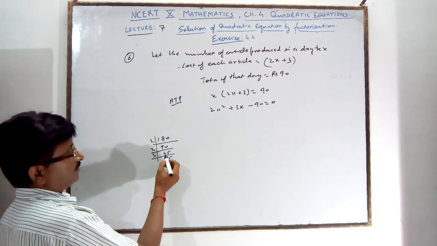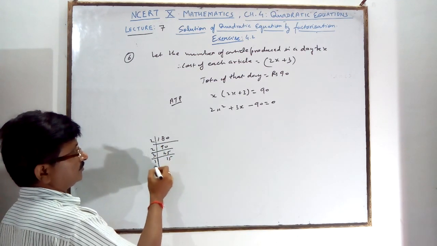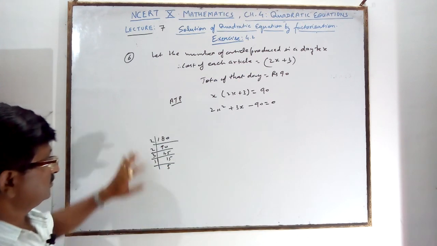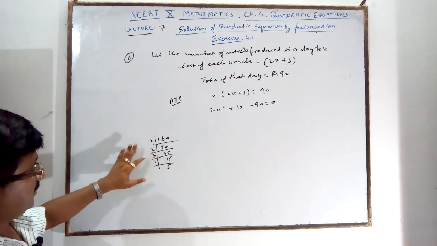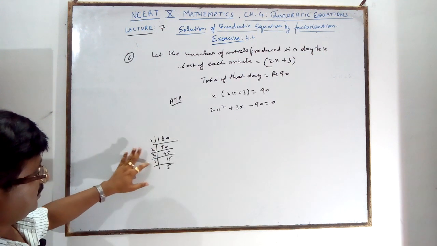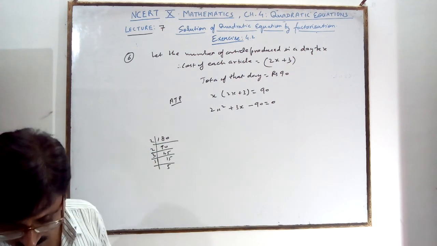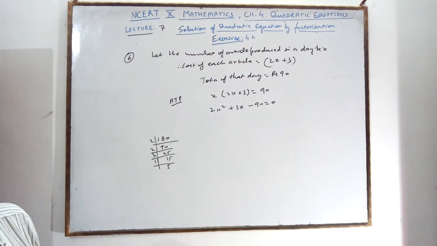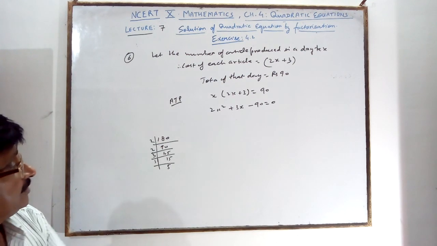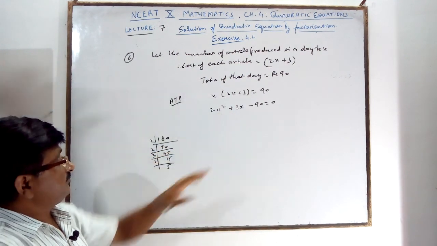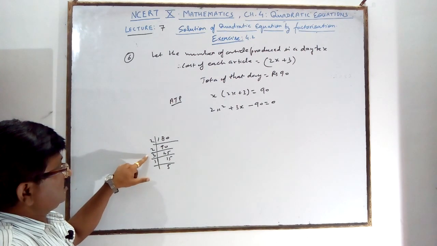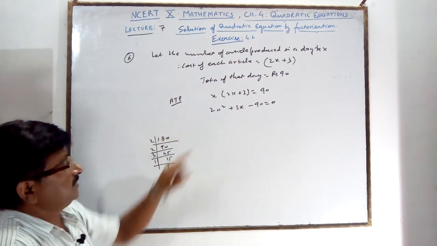You are getting 2 nines are 18, 2 45s are 90, 3 15s, 3 5s. You want to find out which difference gives 3. 2 twos are 4, 3 fours are 12, 5 threes are 15, and the difference of 15 and 12 is 3.